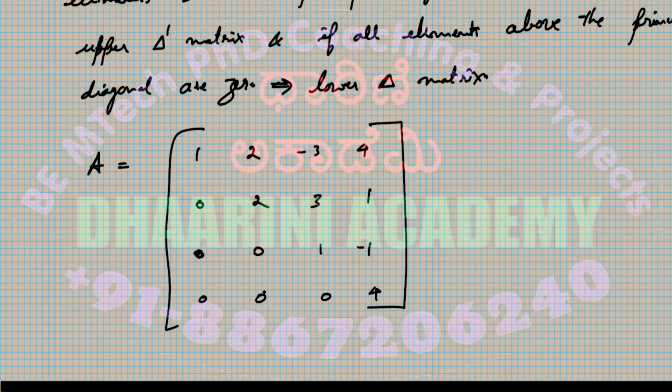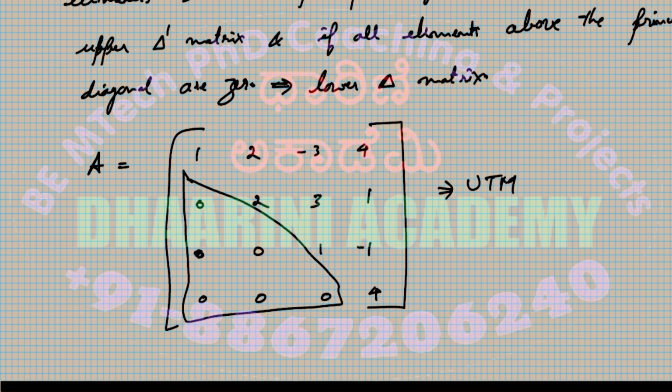So you can see that every element below the principal diagonal is 0. If lower is 0, then the triangle is called upper. So this is an upper triangle matrix, UTM.